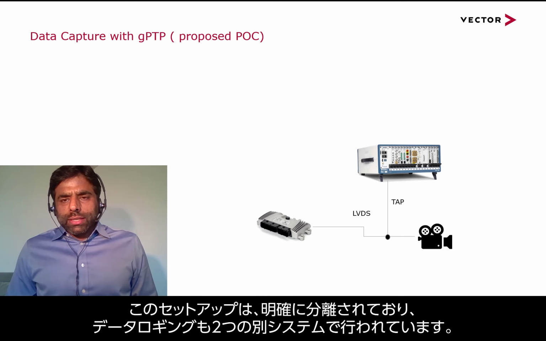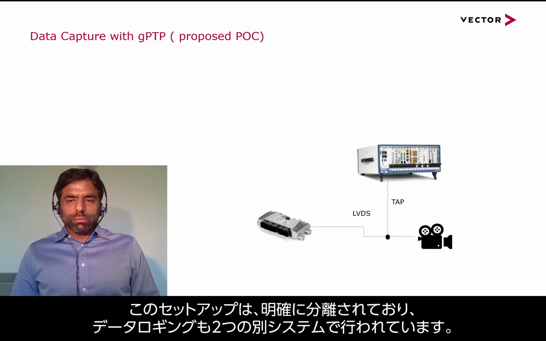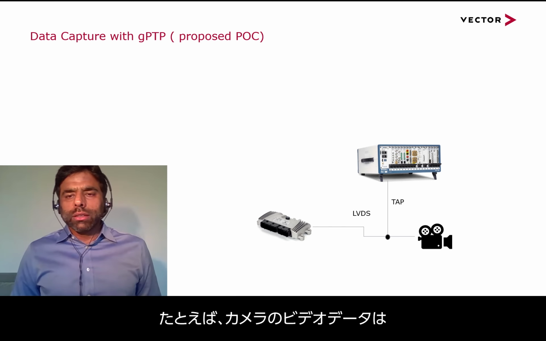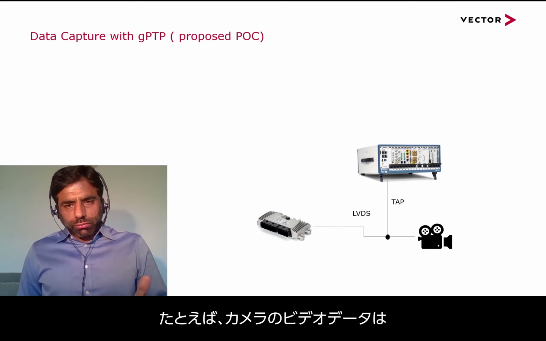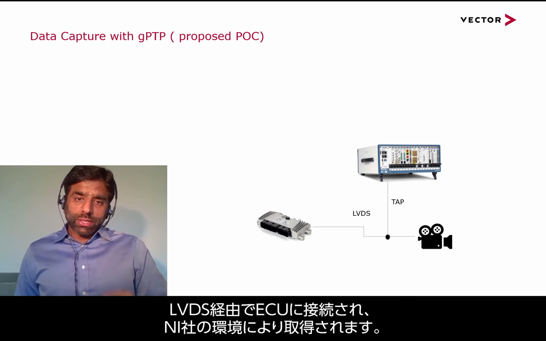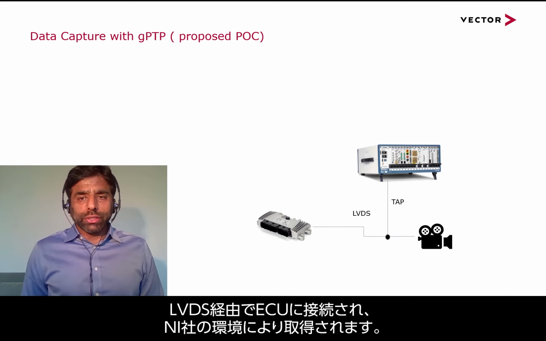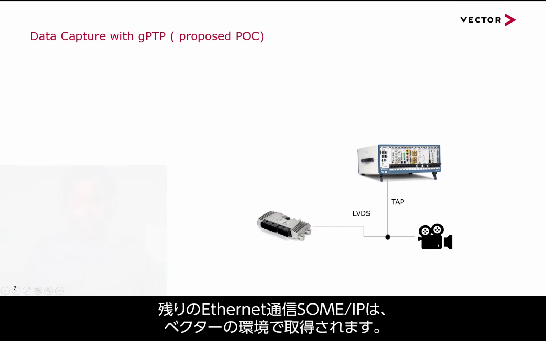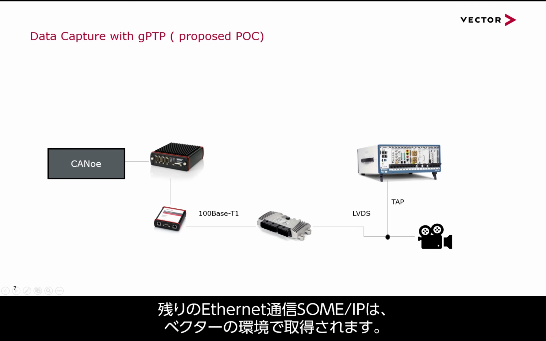Now, in this setup, there is a clear split. Even the data logging is done on two separate systems. For example, here, the camera is obviously connected to the ECU over the LVDS, and that video data is captured by the NI setup, whereas the remaining Ethernet communication, SOME/IP or DoIP, is being captured by the Vector setup.